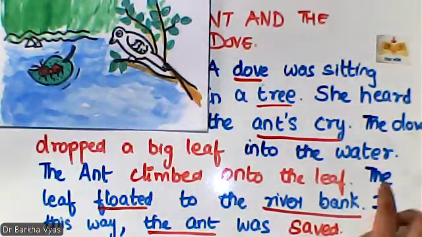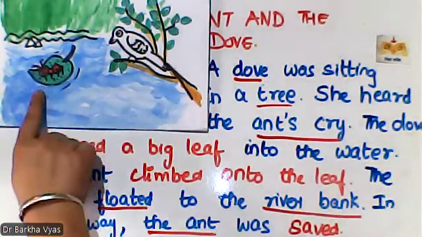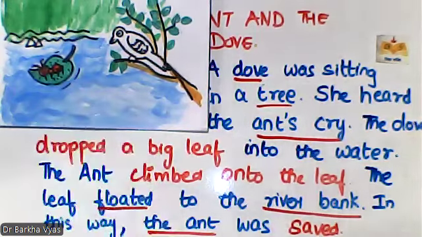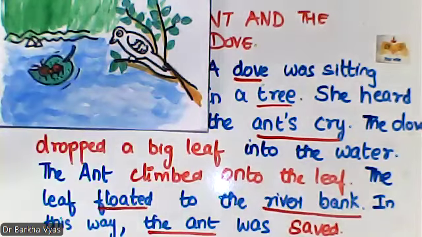Onto the leaf. The leaf floated to the river bank. The leaf कहाँ float हुआ? तो अगर ant is on the leaf, then what will happen? It'll keep floating in the water, but thankfully the leaf floated to the river bank, and in this way the ant was saved. ant बच गया.